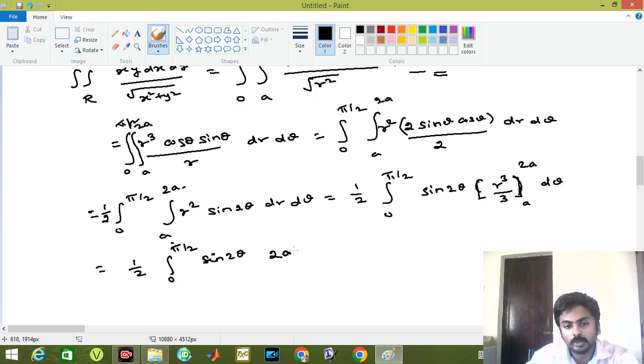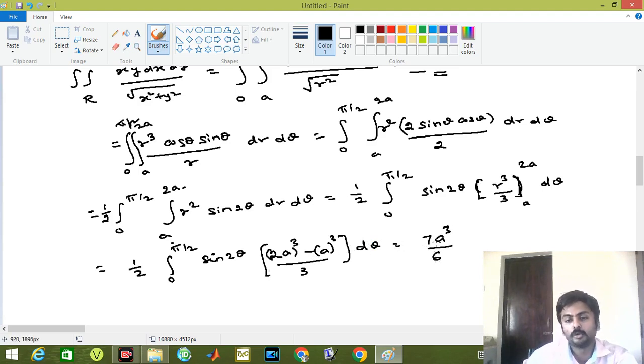This r cube is 2a the whole cube minus a the whole cube by 3, that is upper limit minus lower limit, into d theta. That is equal to 2 cube is 8. 8a cube minus a cube means it will become 7a cube. 7a cube divided by 3 and there is 2 outside, that is 6. 7a cube by 6.